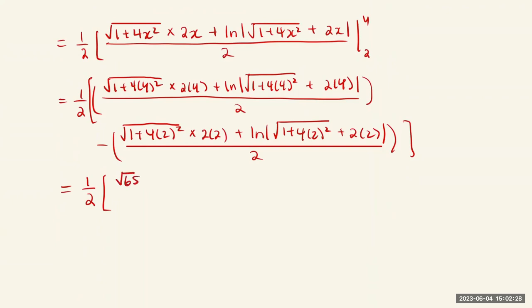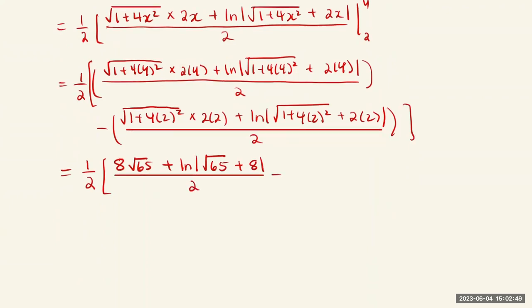The second part is going to be 8, so I'm just going to put it beside this root 65. Then plus the ln of root 65 once again, plus 8. That's the first part, and then divided by 2.